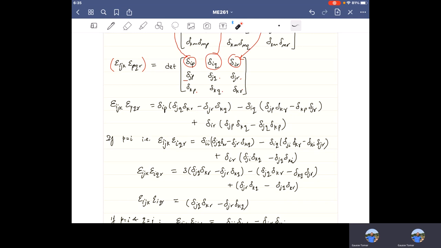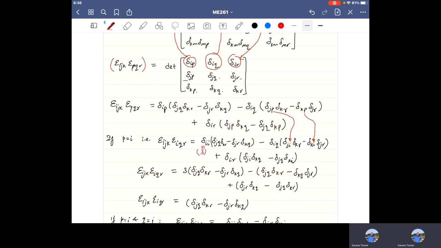But if you choose one of the indices to be repeated, let's say P is I, you have epsilon ijk into epsilon iqr. Now you have a repeated index, so you're doing a summation over these quantities. You're summing up some of them. So you have written I as P, so this becomes delta II, and delta II, as we had seen, has value 3. Now if I replace P with I, you get delta JI and delta KI, correct?